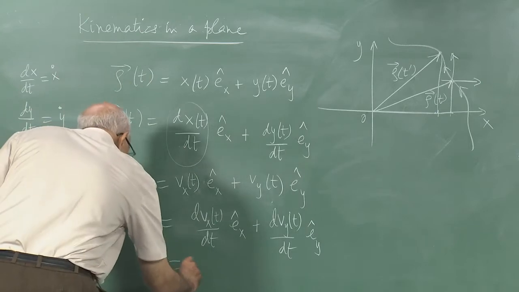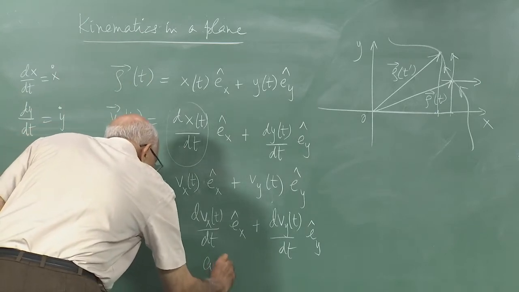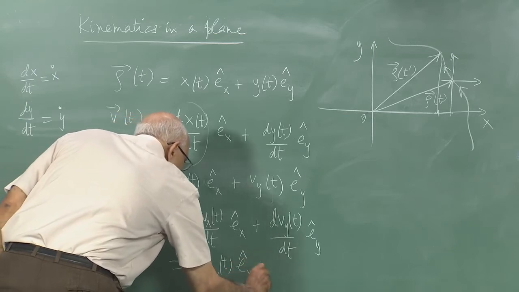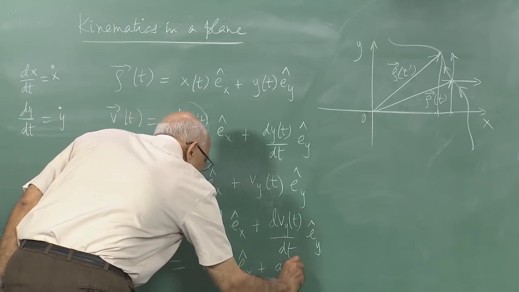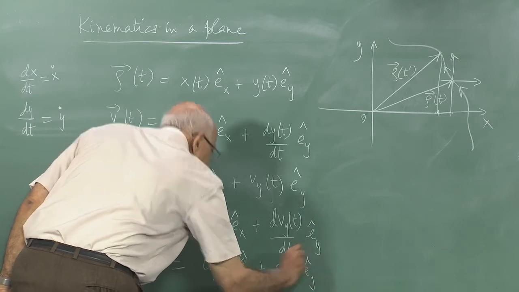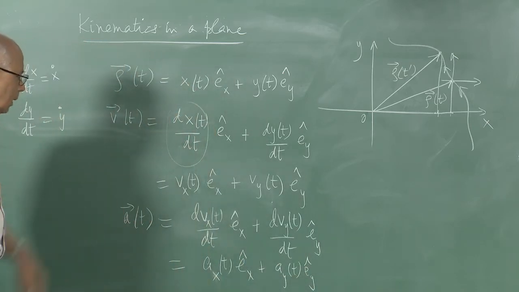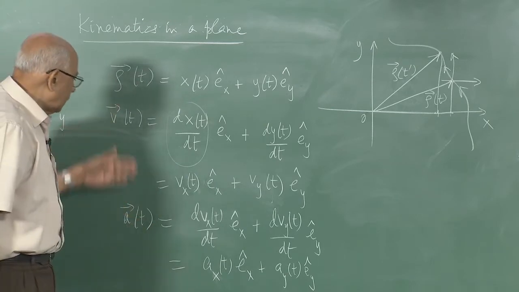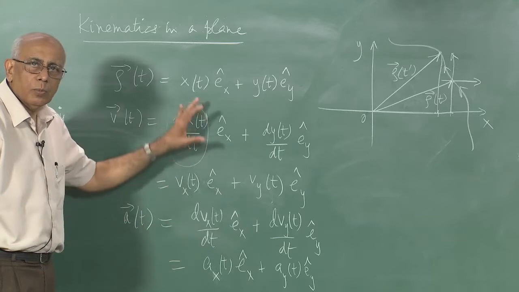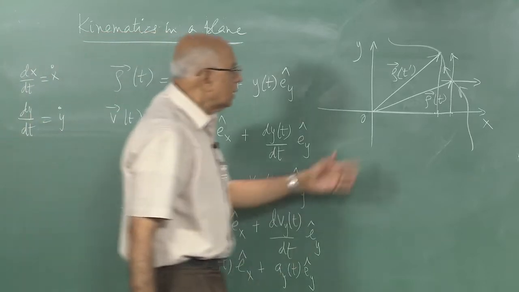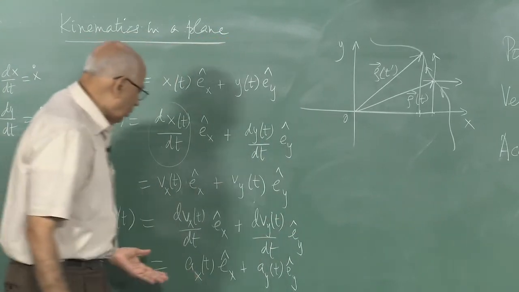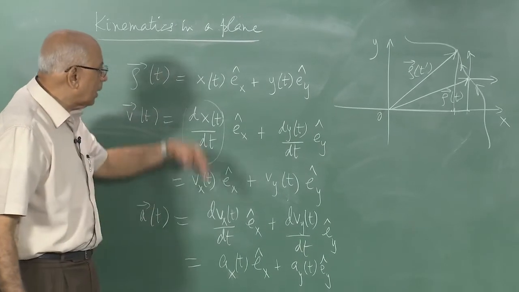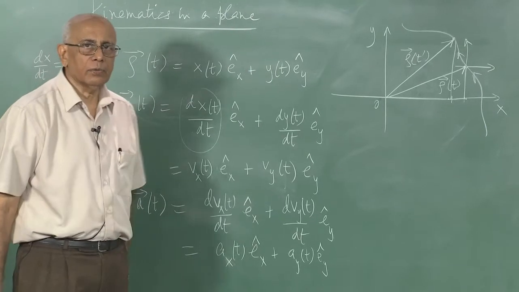So in general this is equal to Ax of t Ex plus Ay of t Ey, and so on. So in principle the kinematics at this level in Cartesian coordinates is very straightforward, no problem at all. It is simply a matter of finding Ax and Ay given the force on the object and then working back to find x of t and y of t.